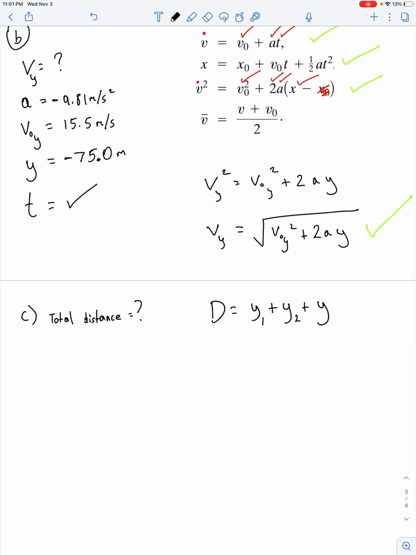And we're using all positive values here. This is distance, so the direction doesn't matter. So we know that y1 should be equal to y2. We know that. So we just have to find y1, right? That's what we're really looking for here. What is y1?